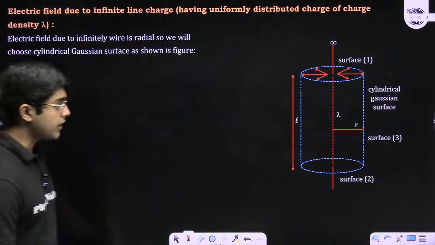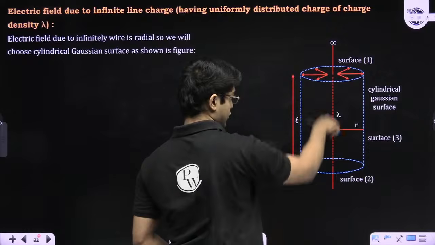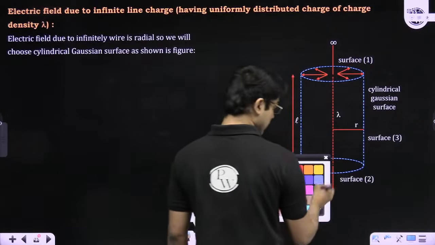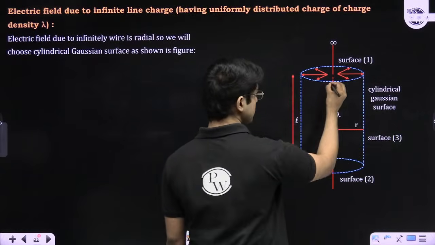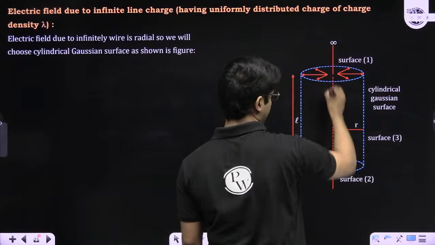Then we have the second derivation, which is the infinitely long line charge. For the infinitely long line charge, remember the field line pattern. Imagine this as the z axis.